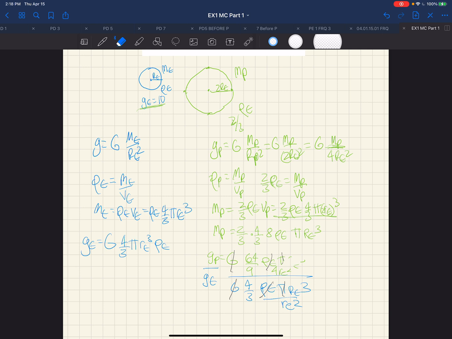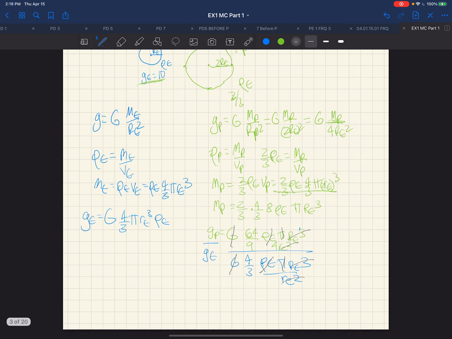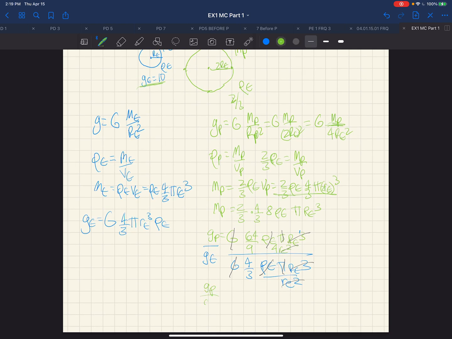These RE cubes cancel, and these RE squareds cancel, which leaves us with GP to GE equal to 64/9 multiplied by the reciprocal, times 3/4, over 4 from up here in the numerator.